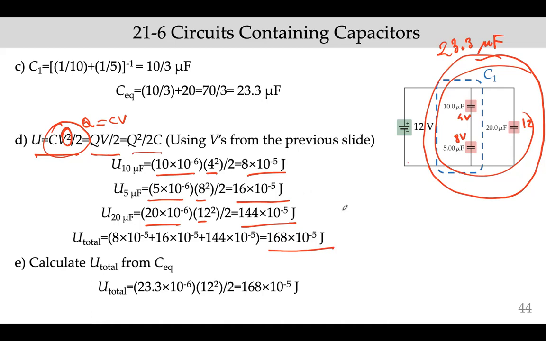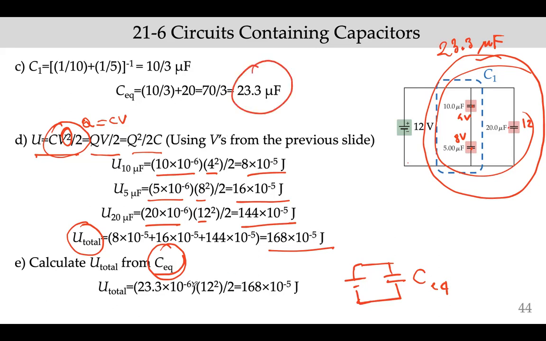Now there's a second way to calculate the total energy, which is by not using all of these capacitors individually, but by using the equivalent capacitance. Think of this circuit as having just one capacitance instead of 3, and the value is the equivalent capacitance, which is here.